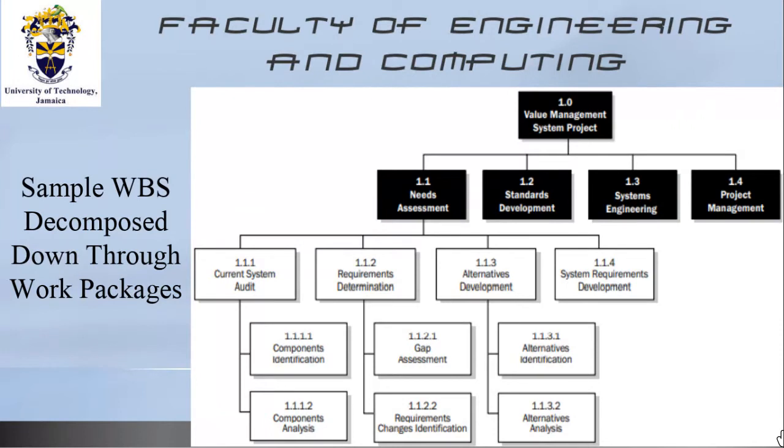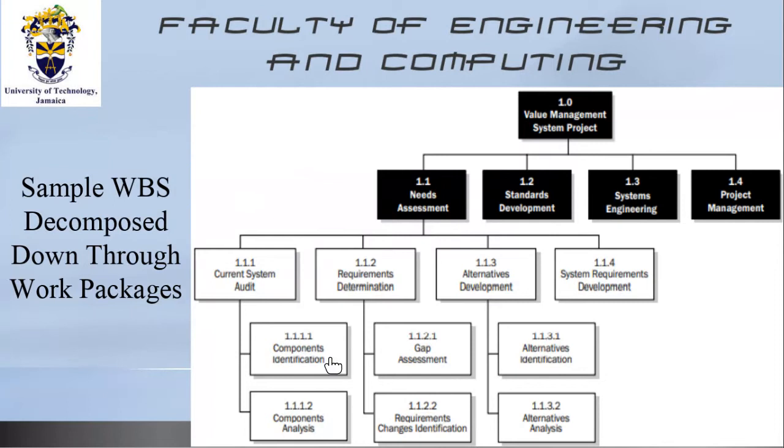Could it be a case where because both component identification and component analysis are a subset of the current system audit, so they follow that particular fashion, so both of them are on the same level? You're absolutely correct.